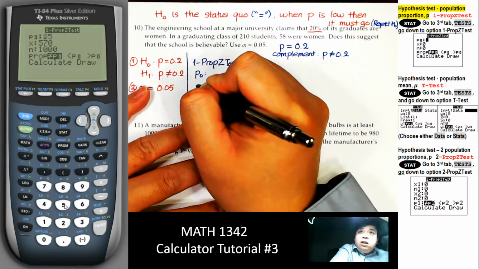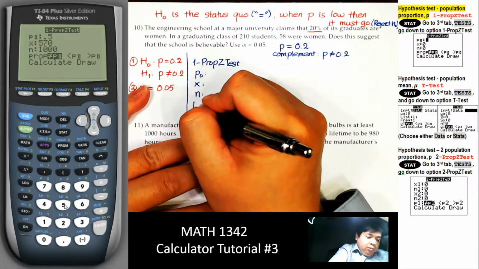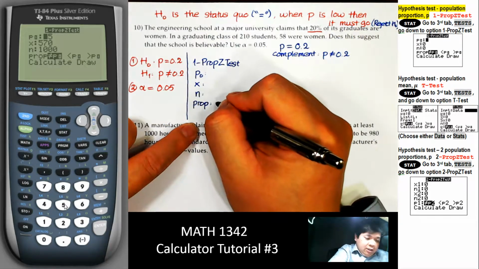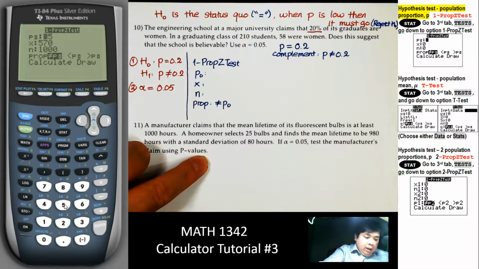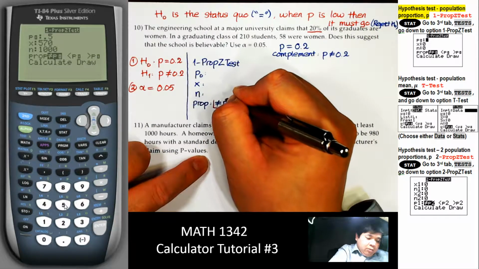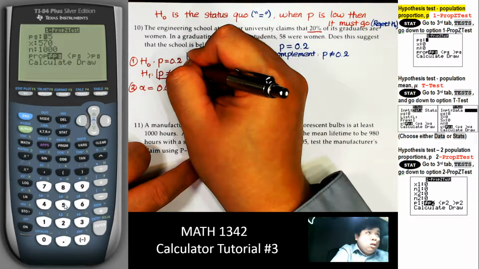P naught, x and n, and we're going to choose this one because that's what we have for the alternative hypothesis.